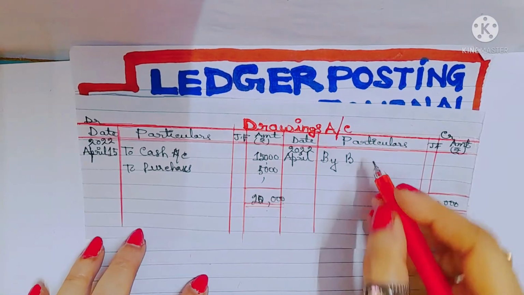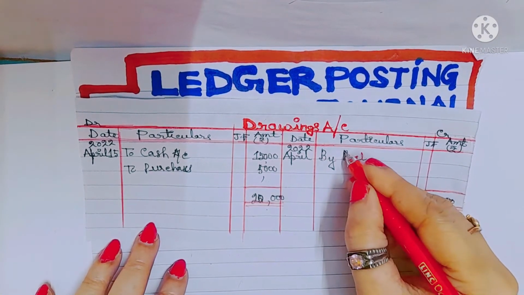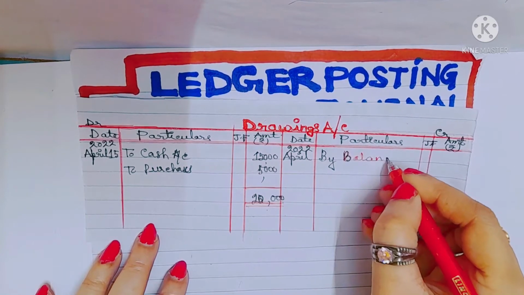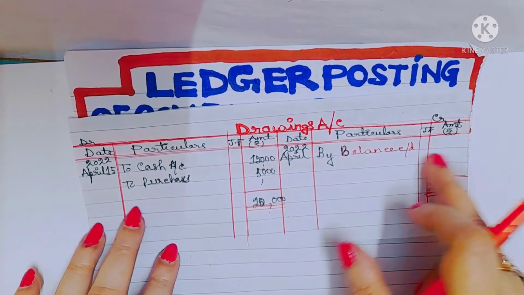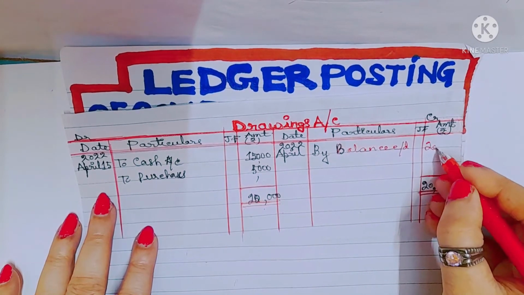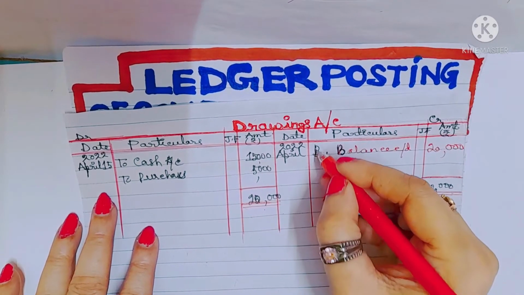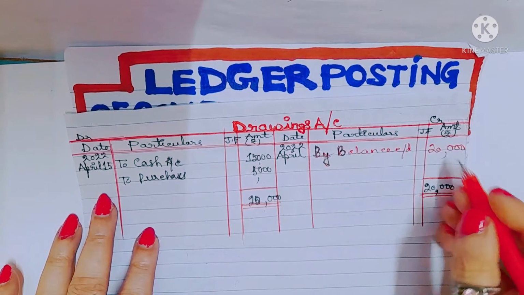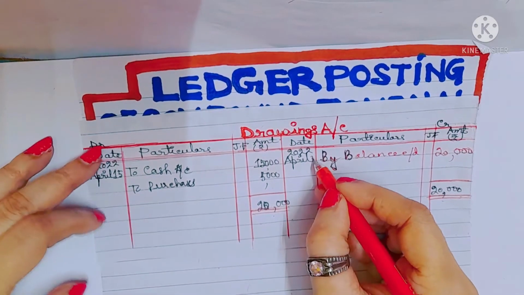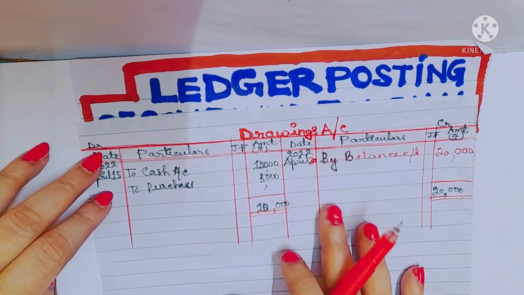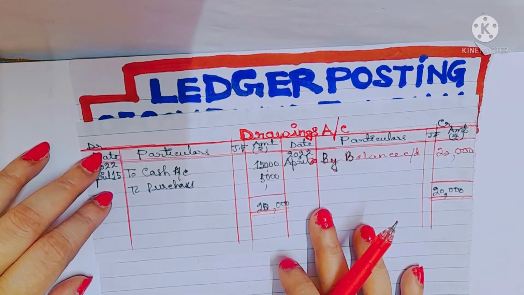So by balance CD, how much? 20,000 minus 0, so 20,000. So by balance CD 20,000. So what will be on the opposite side? Last day in the month of April, in the month of May, the balance is brought down.